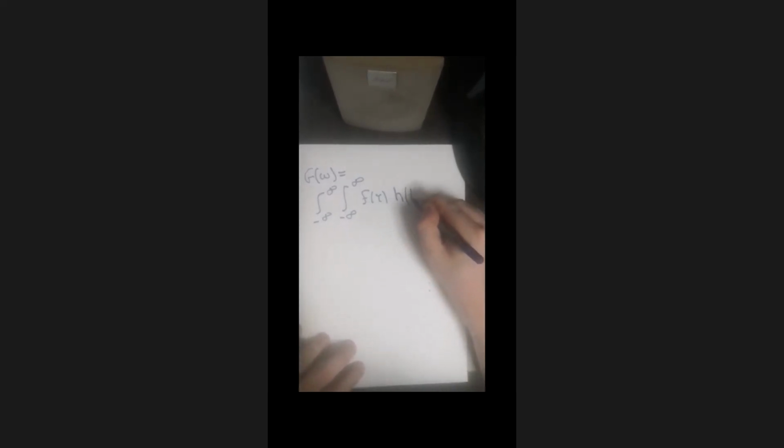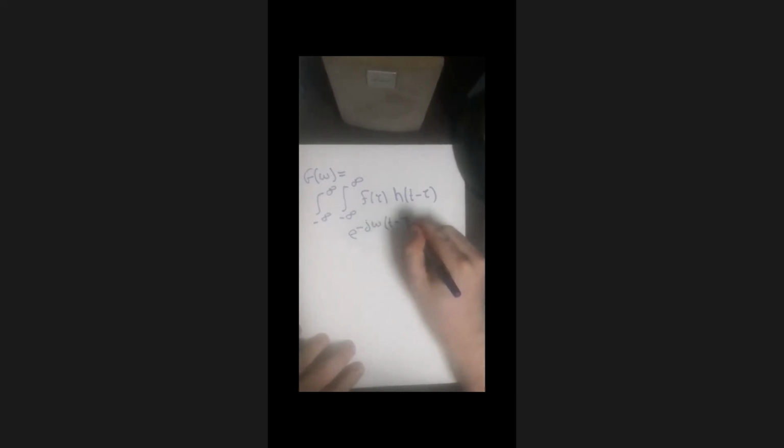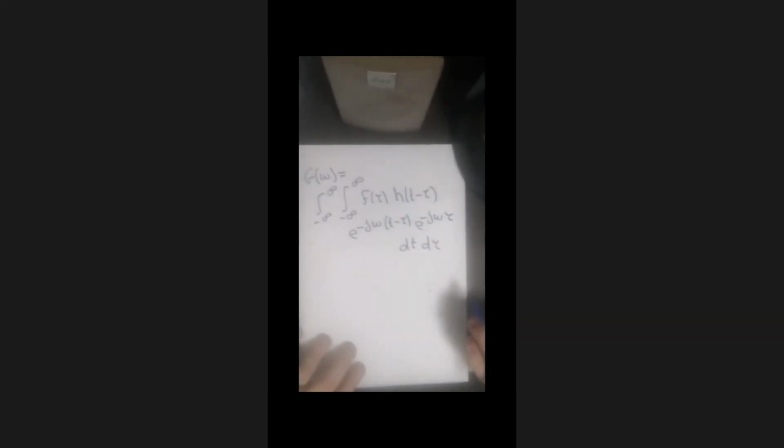G of omega equals integration from negative infinity to infinity, another integration from negative infinity to infinity, and then we have the first is f of tau, h of t minus tau, and then the e power minus j omega t will be replaced by e power minus j omega (t minus tau), e power minus j omega tau dt d tau, as you can see here.